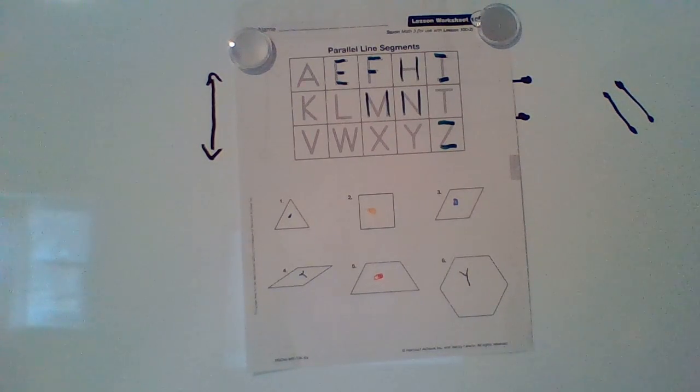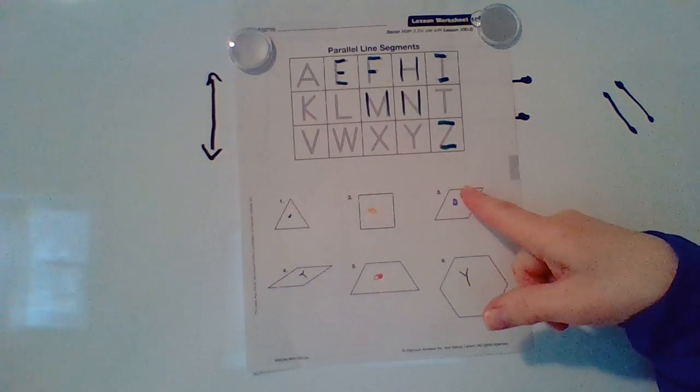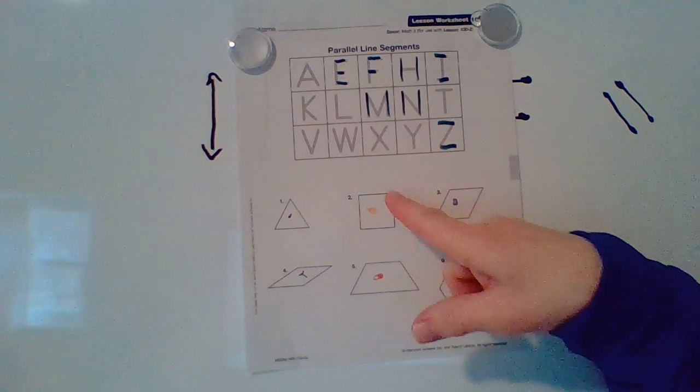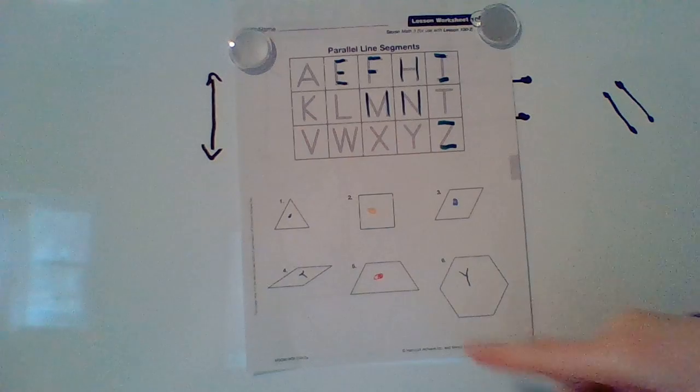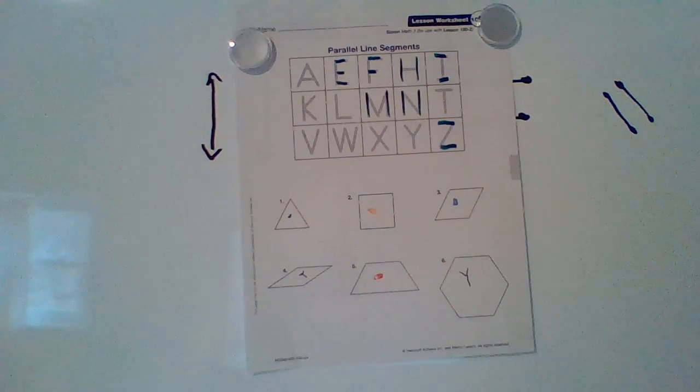Okay, so I'd like you to find another pair of parallel line segments and trace them with a blue crayon. Okay, you got it? Maybe you trace this one. Maybe you trace that one. Maybe you trace this one. Okay, awesome job.